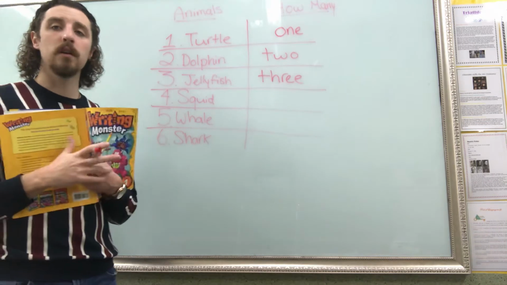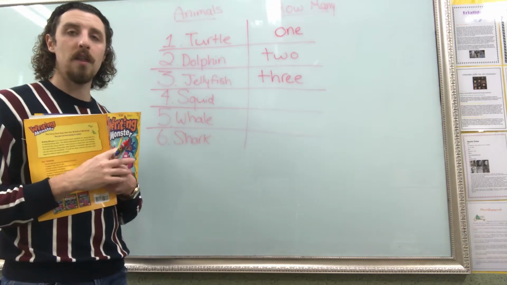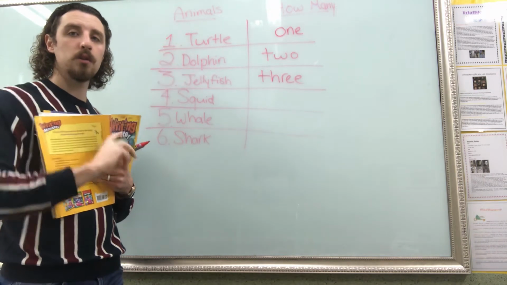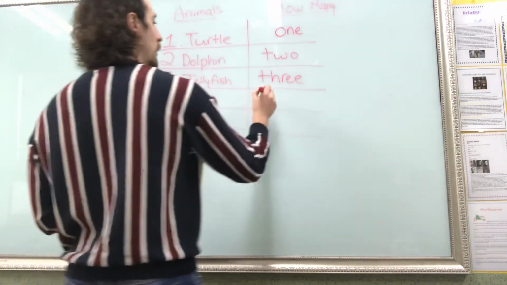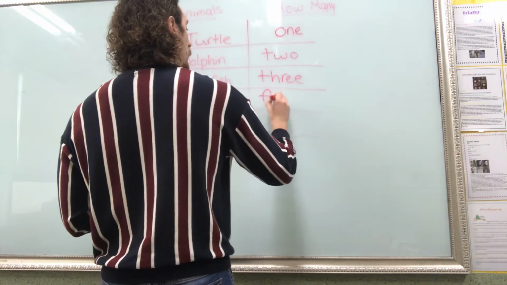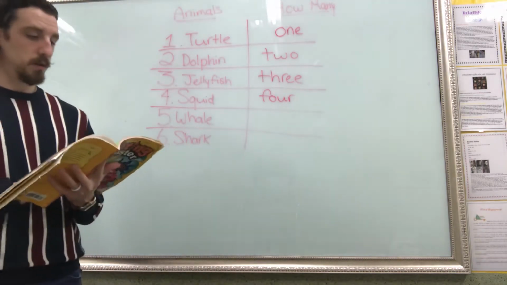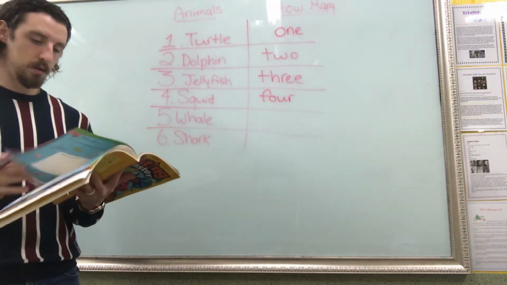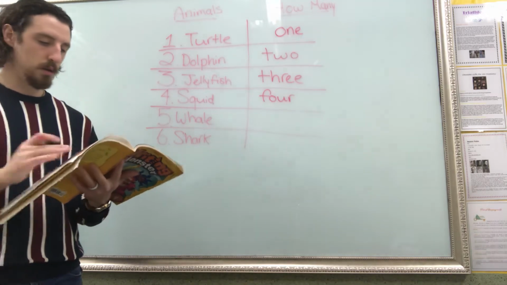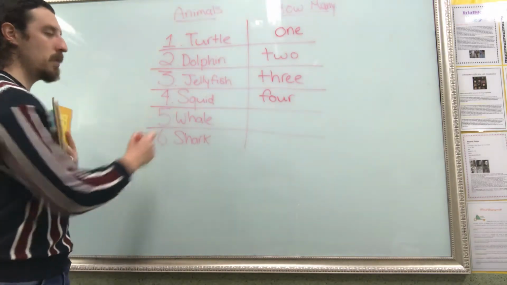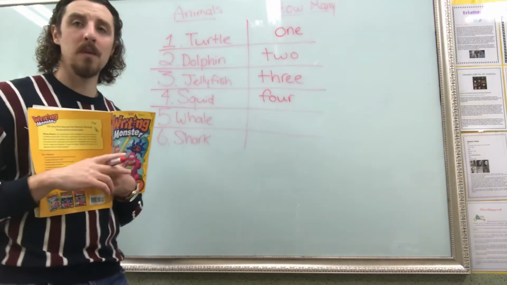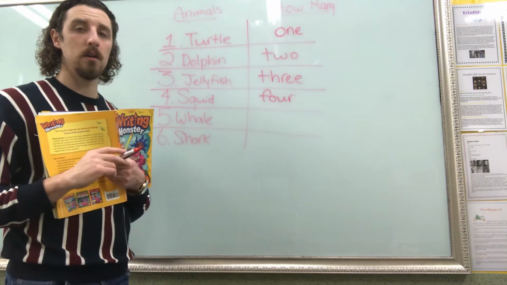For the squid, we will say there are 4 squids. So to write 4, 4. Okay. For the whale, how many whales are there?